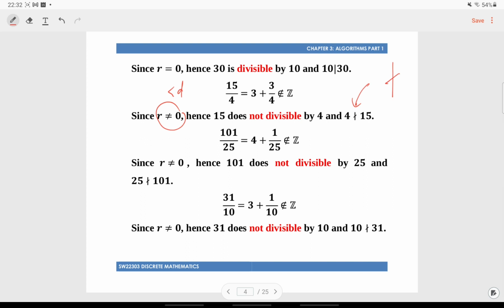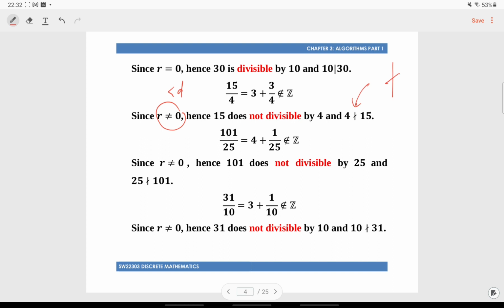The outcome is again a non-integer value. We got 4 point something. So the 4 is the quotient, and the floating point, after we remove the quotient, becomes 0 point something. The 0 point something is actually r over d.